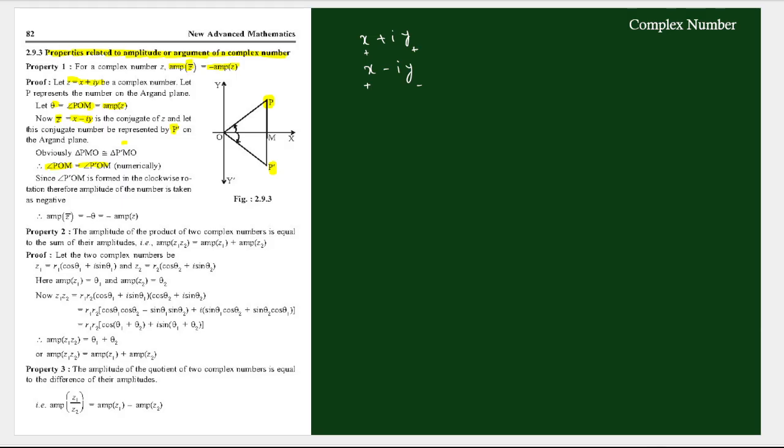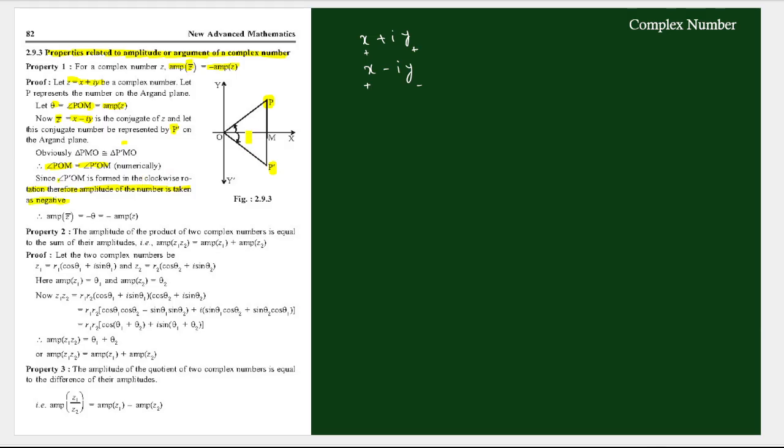Now since P dash OM is formed in the clockwise direction, a clockwise rotation, the amplitude of the number is taken as negative.